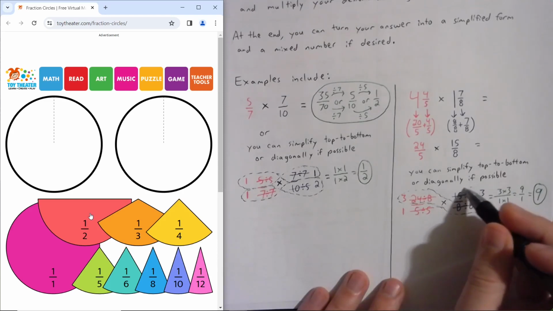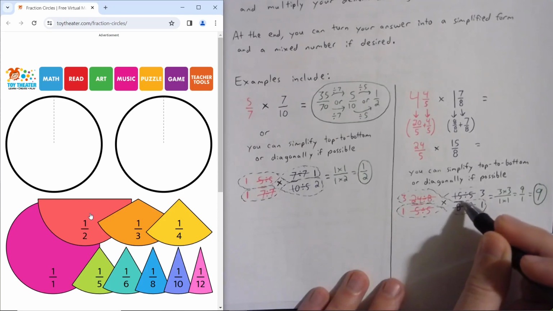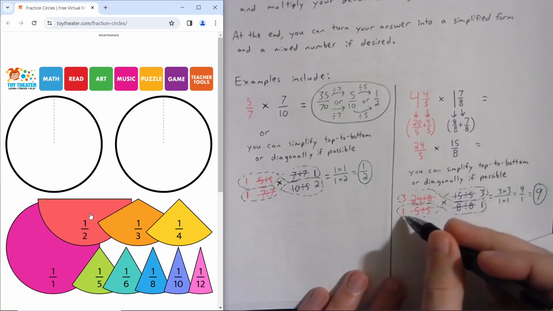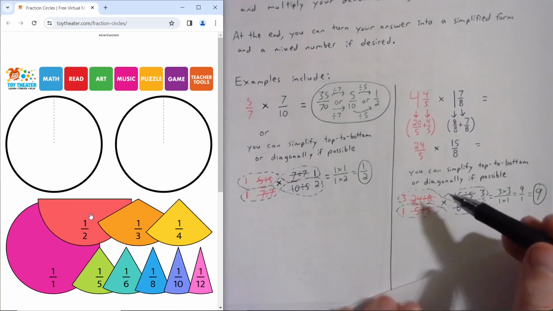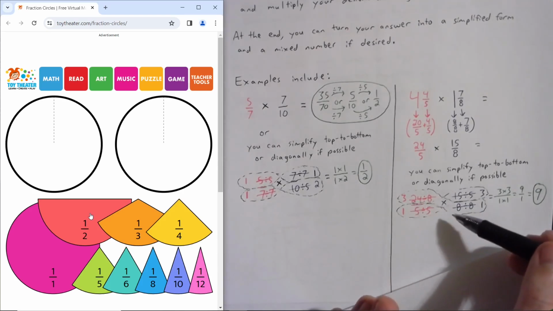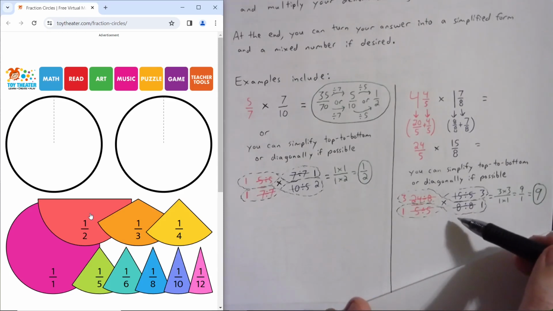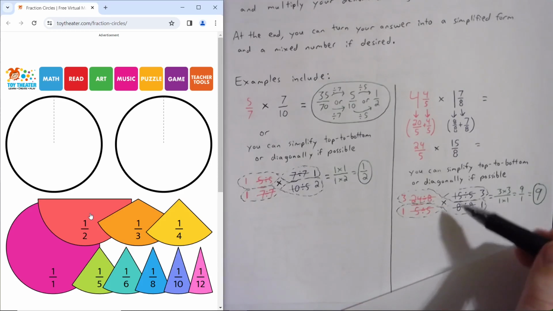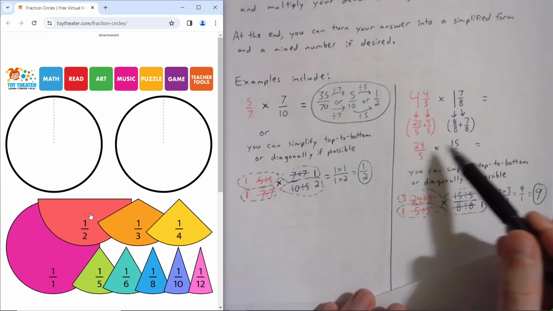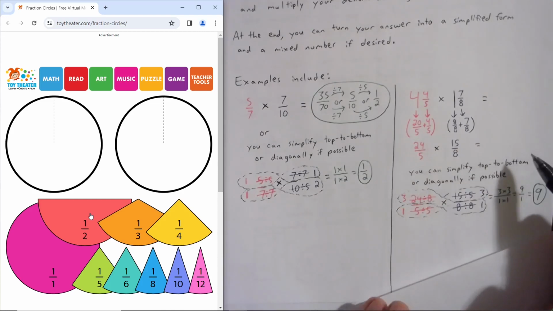And then the 5 and the 15 both can be divided by 5. So 15 divided by 5 is 3, and 5 divided by 5 is 1. And then you end up with completely different fractions from the original. Okay, these are not equivalent fractions to what they were originally, but the final answer that you get from here is the same as if you did it the top way of 24 times 15 and then 5 times 8 and then had to simplify a bunch.